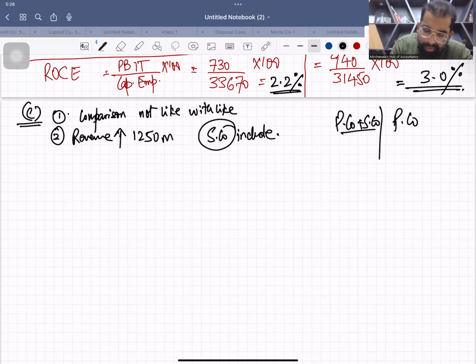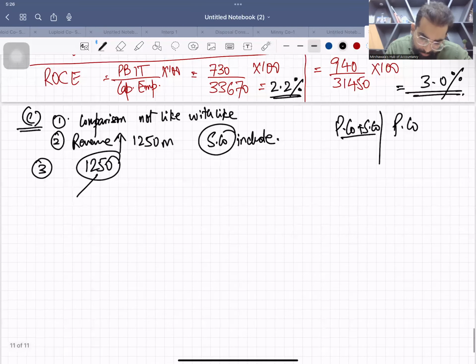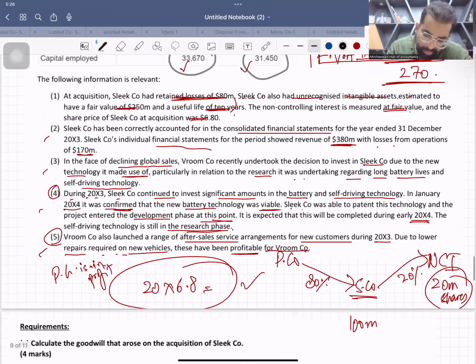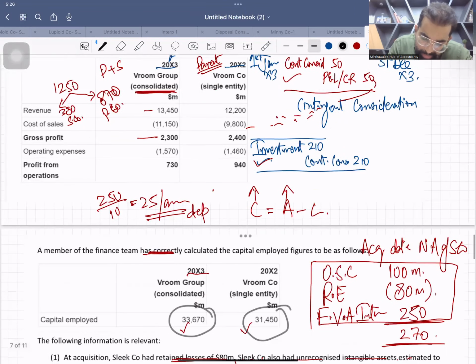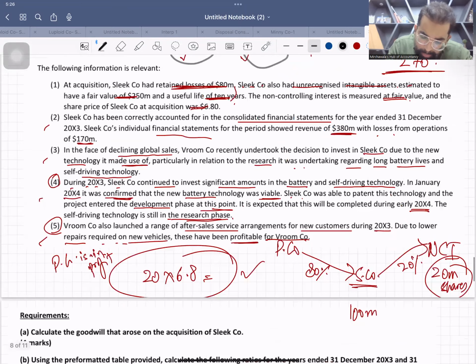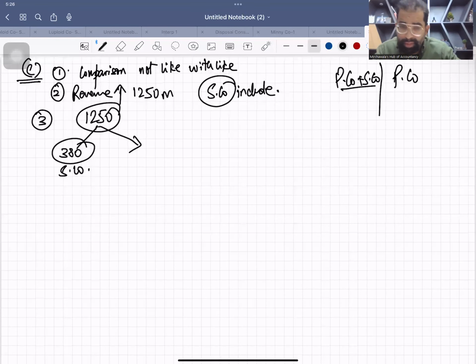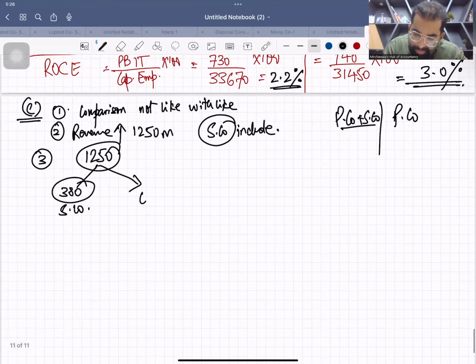Now in the third point, you will tell that out of this 1250, how much? Only 380 million belongs to S company, because in note number 2 or 3 they have told us, and the remaining 870 million was because of P company.